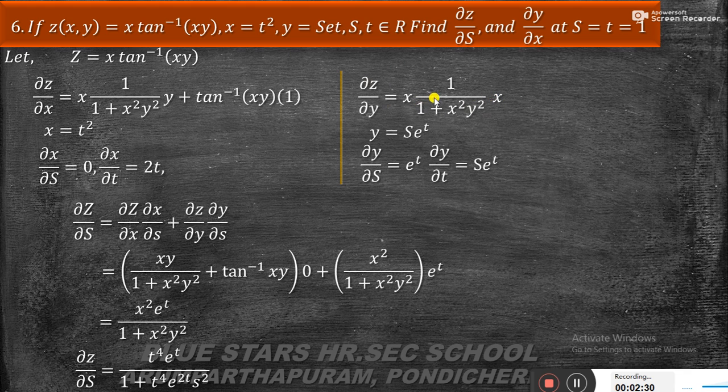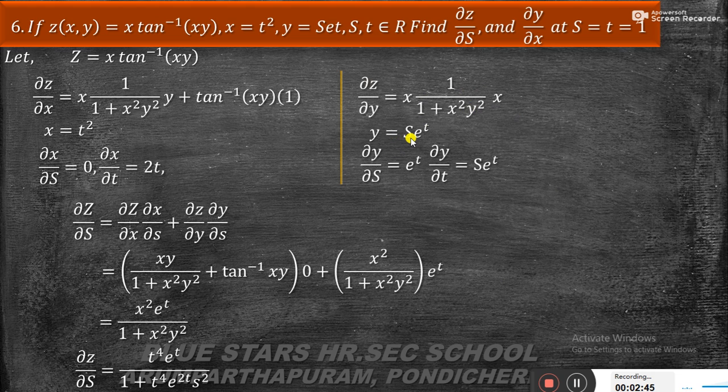Therefore, 1 by 1 plus x square y square into x. Next x is a constant. So therefore x into x, that is x square by 1 plus x square y square.